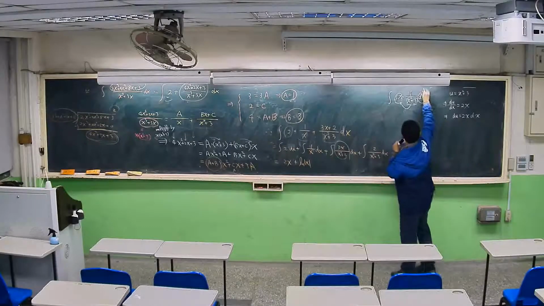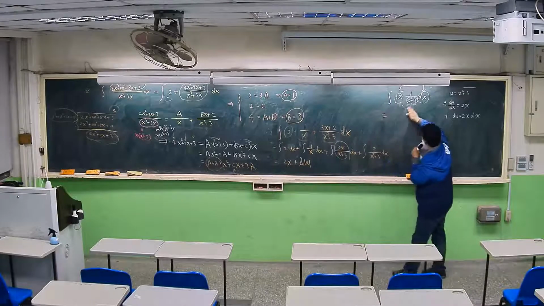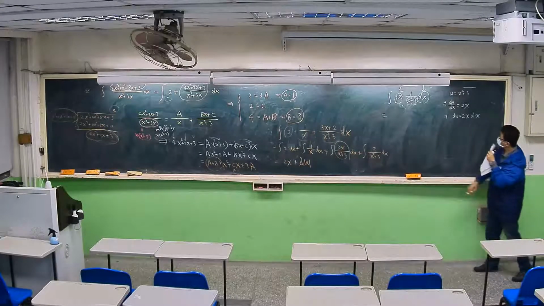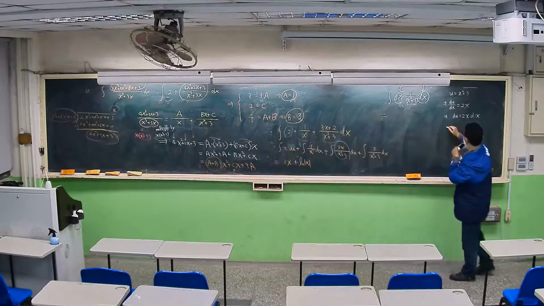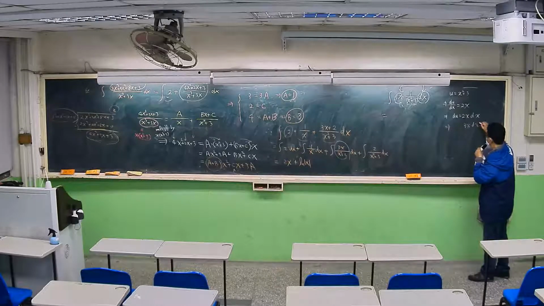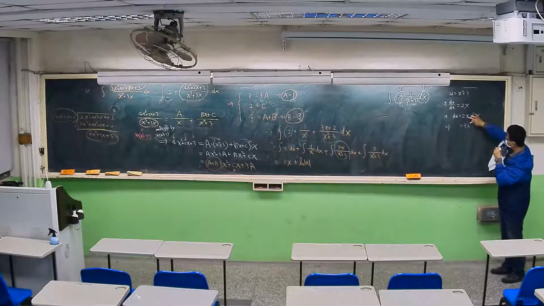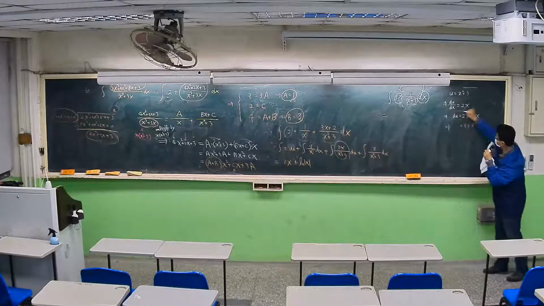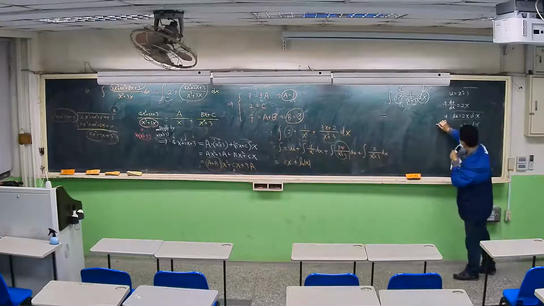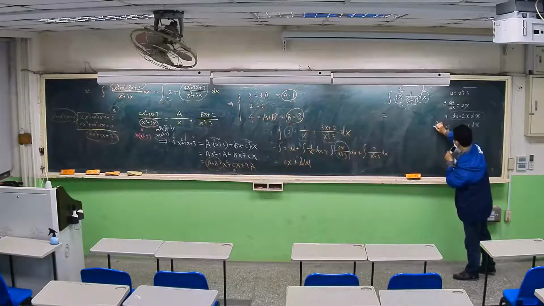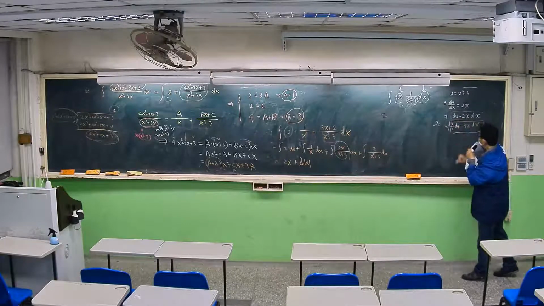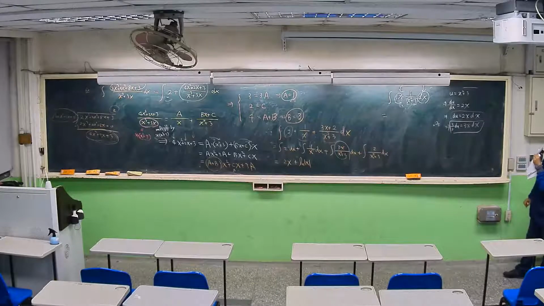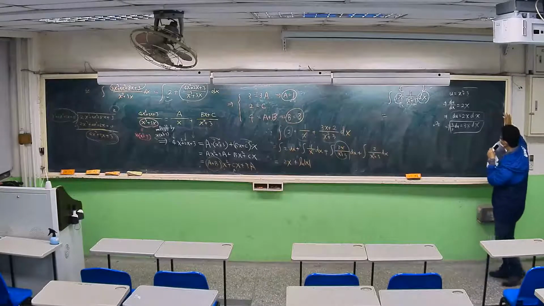Now we can rewrite it. 1 over x squared plus 3 is 1 over u. But what about 3x dx? For 3x dx, we should multiply by 3 over 2 on both sides, so 3 over 2 du equals 3x dx.